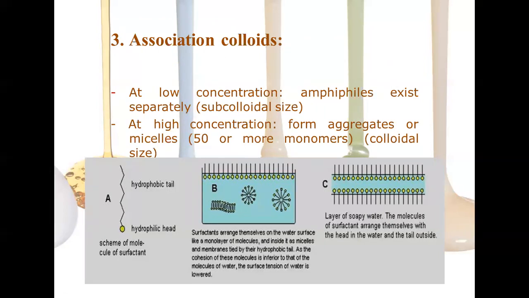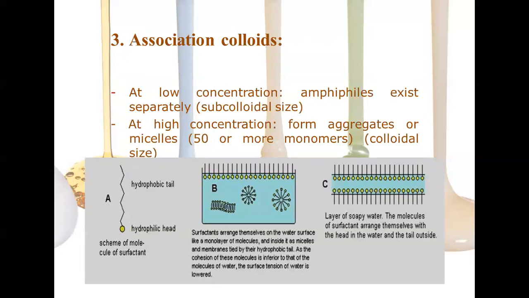So amphiphiles are molecules or ions which have certain affinity for both polar and nonpolar solvents. In water, at low concentrations, surface active agents exist individually as monomers, which are subcolloidal in size. As the concentration increases, the monomers aggregate themselves over a narrow range of concentration.